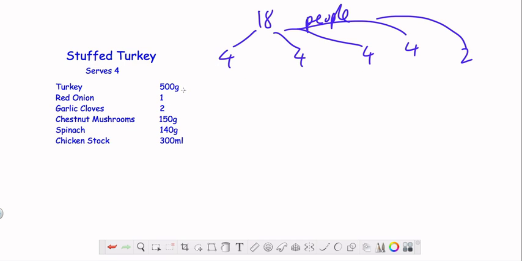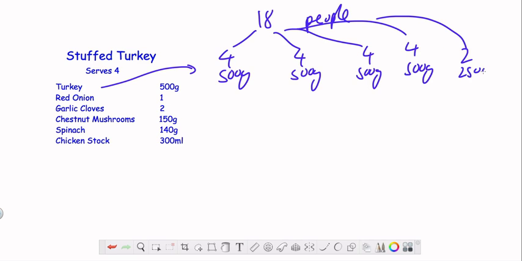So for the turkey, for example, you need 500 grams to serve 4 people. We already know that because it's written here, 500 grams. But for 2 people, it's going to be half the amount. That will be 250 grams. Then all you're going to do is add all this up.